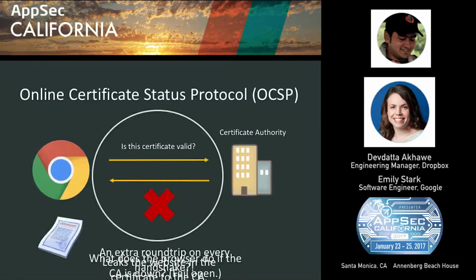In 2012, 2013, there were studies showing that this introduced hundreds of milliseconds of latency. More recent studies suggest it's more like tens of milliseconds, and that's attributed to better OCSP infrastructure, certificate authorities using CDNs to cache their OCSP responses. So this is no longer the ridiculously, exorbitantly huge performance penalty that it once was, but it still is an extra round trip on every handshake.